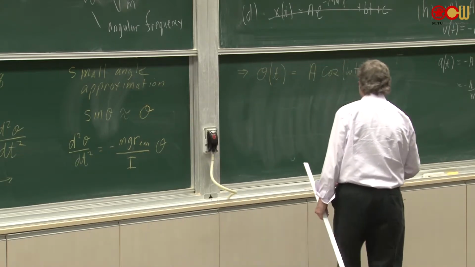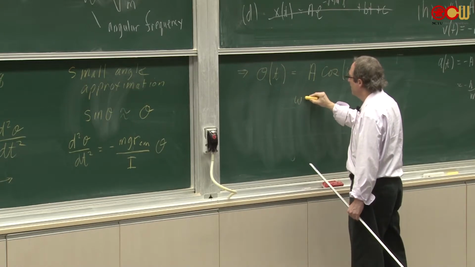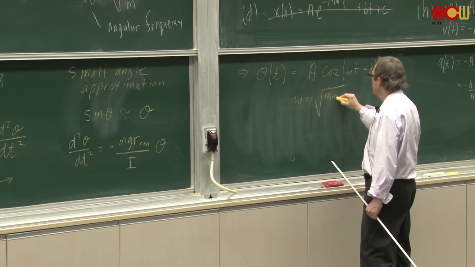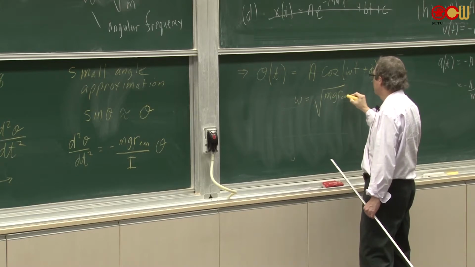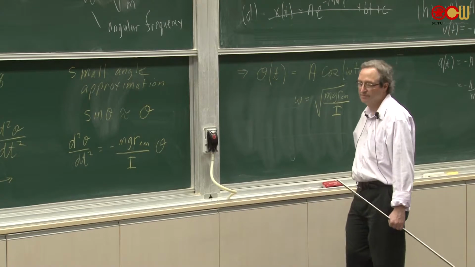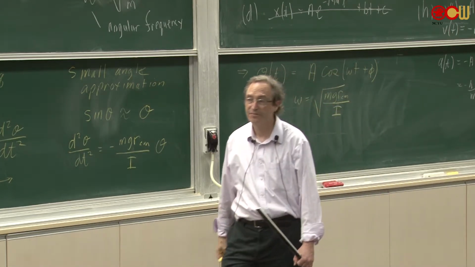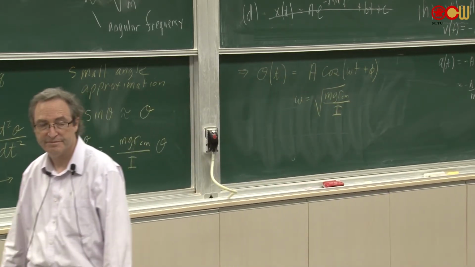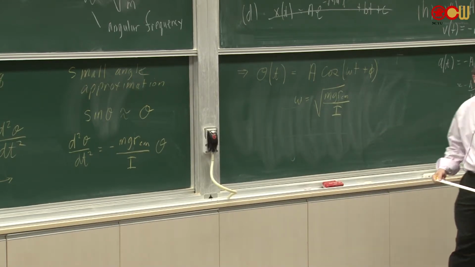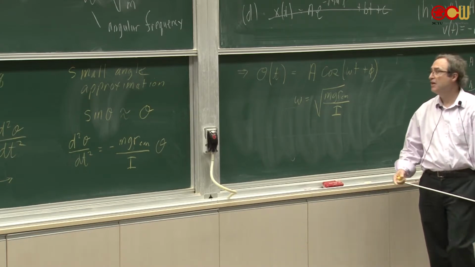Where omega is the square root of mg r center of mass divided by I. And that's the answer. So somehow you have to compute I, and then this will be the angular frequency.